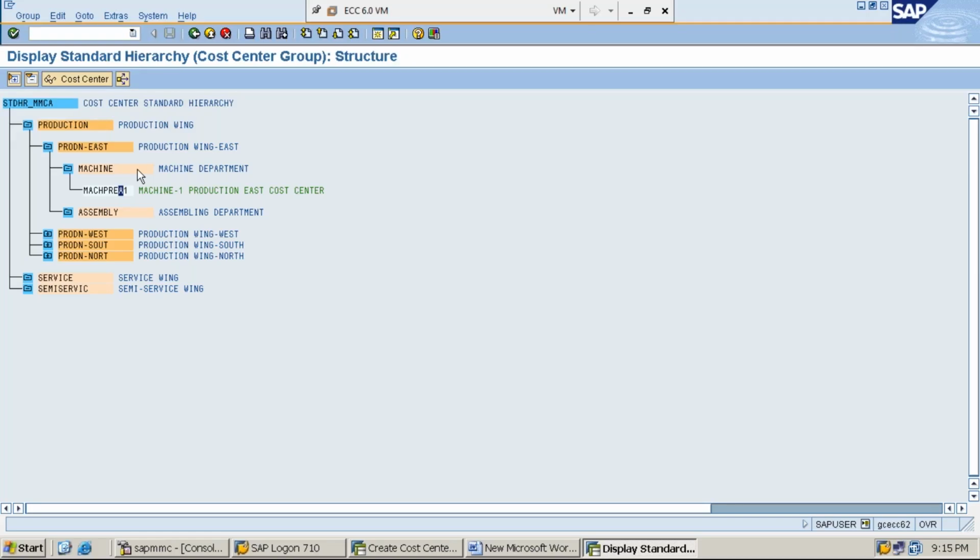The next conceptual point is that a cost center is the smallest organizational unit within the standard hierarchy, and it will have predefined activities to perform.